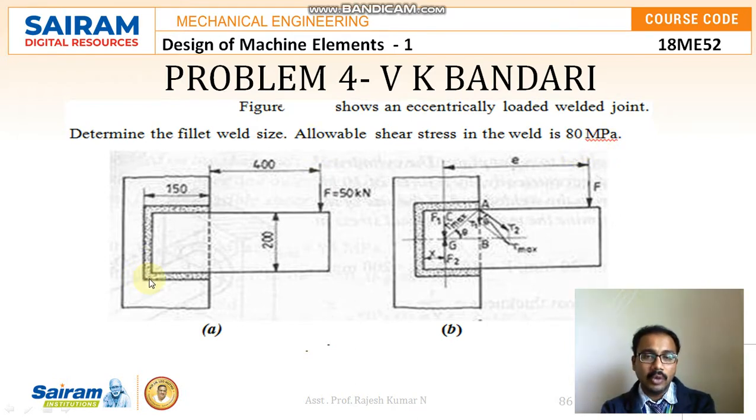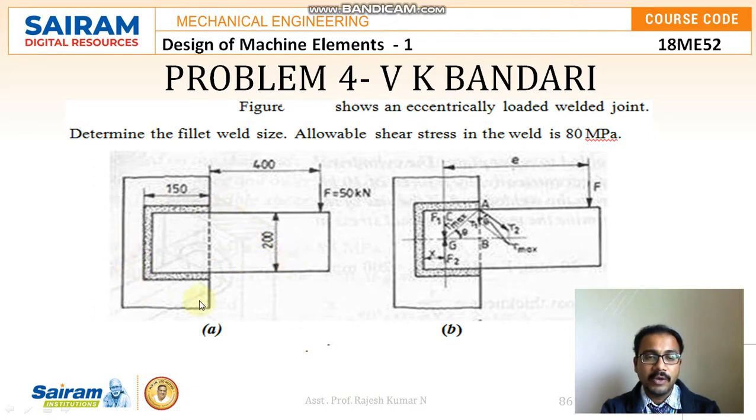First we will have a look at the sketch. It is a combination of parallel fillet weld and transverse fillet weld, a single transverse and parallel fillet welds, where the length is given as 150 for the parallel side, that is along the x-axis. Both sides are 150, and the length of the transverse fillet weld side is also given, that is 200.